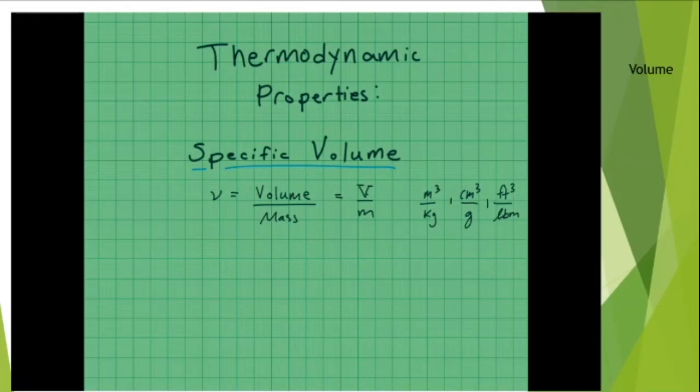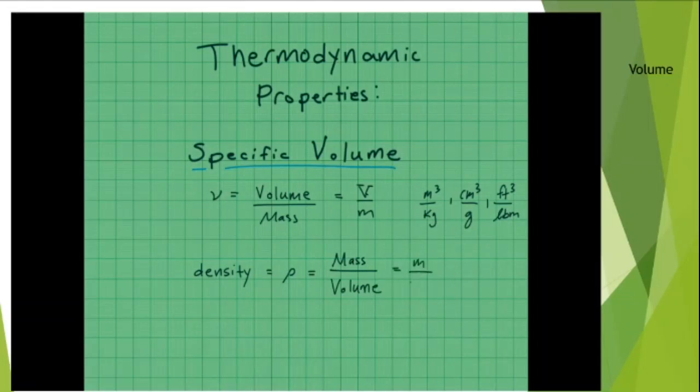Now, specific volume is very closely related to density. Density is Greek letter rho, and density is the ratio of mass to volume. So it's exactly the reciprocal of the specific volume.